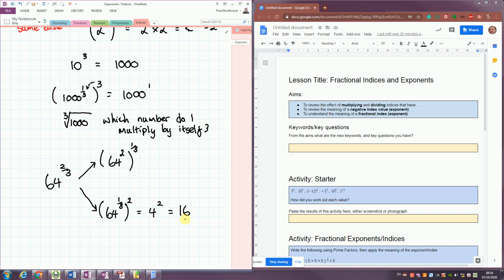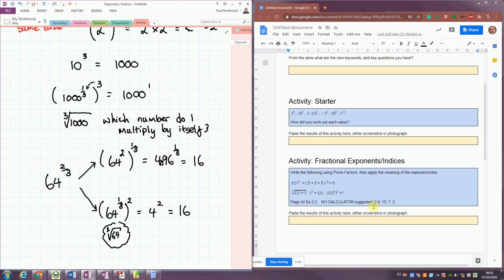Oh, 4096. Oh yeah, cube root I wanted. 4096 to the 1/3. And that does work out as 16 as well. But if you're doing it mentally, just think about that number, which bit can you do first? And oh, I know the 3rd root of 64.